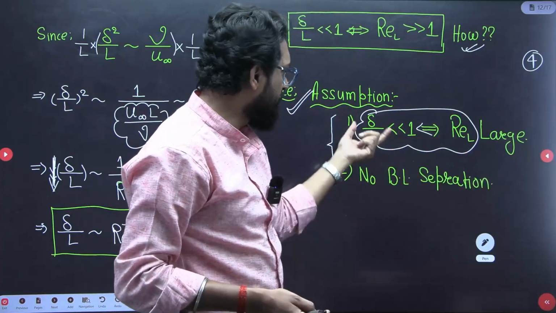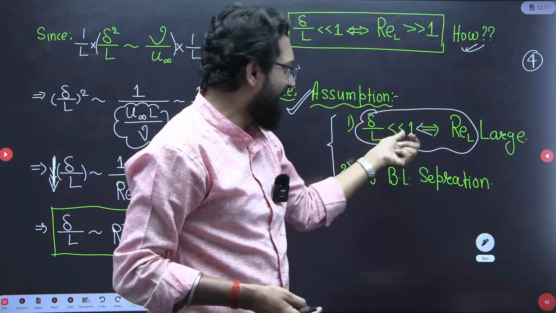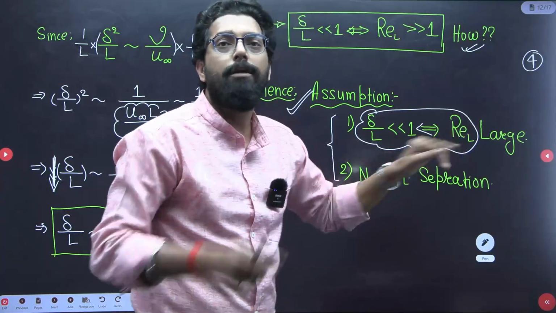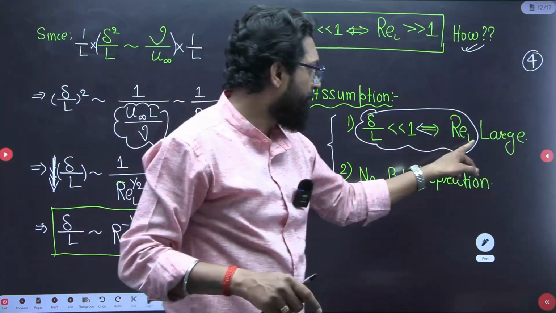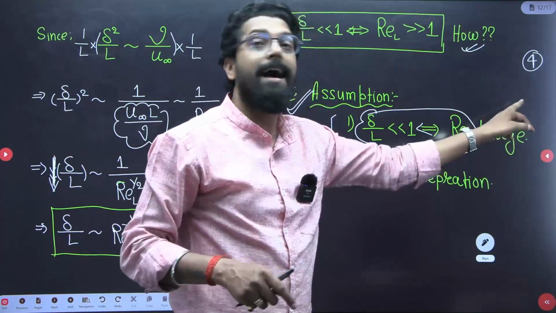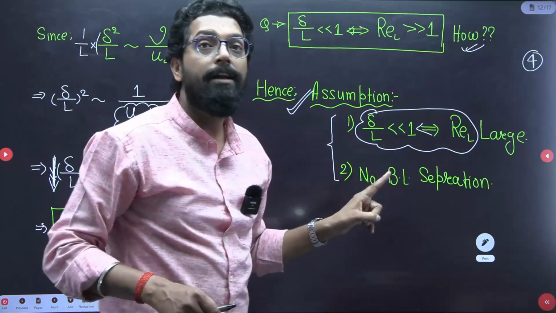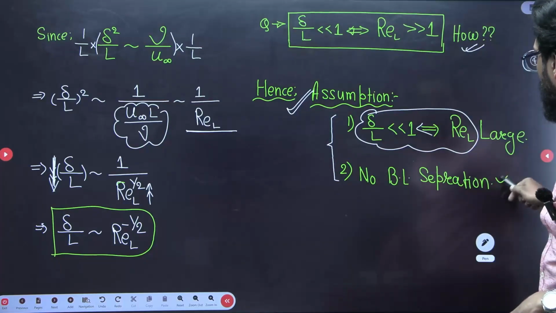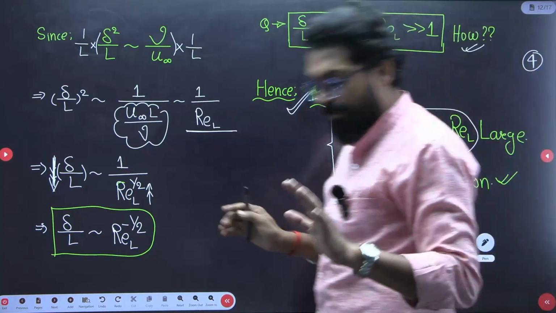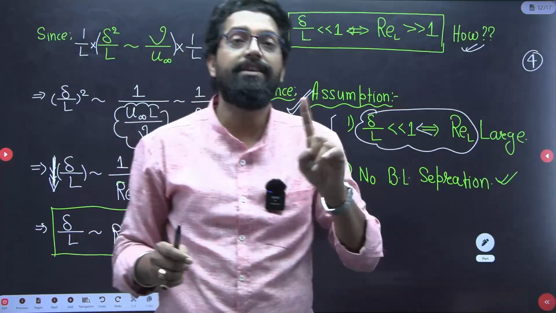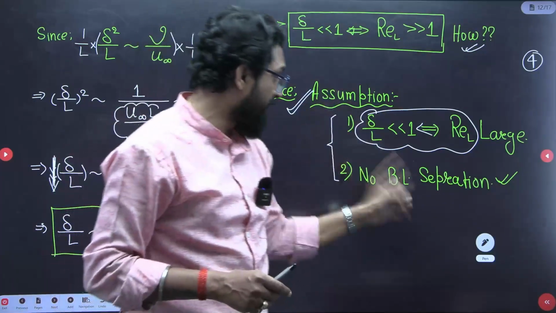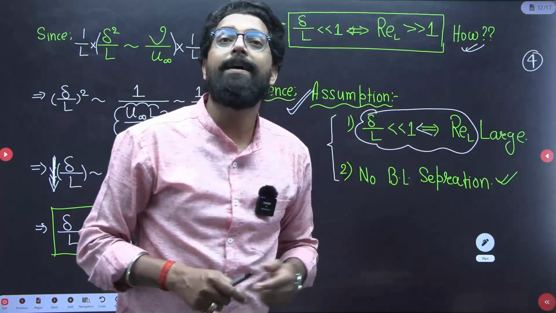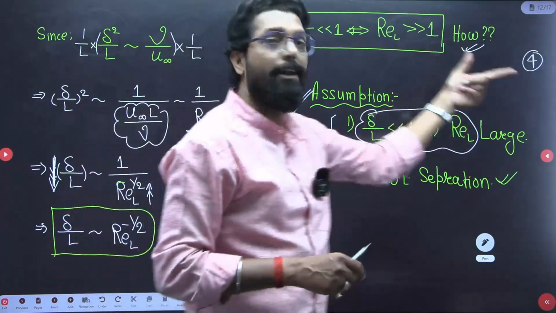The boundary layer theory says that delta by L is less than 1. Automatically, the average Reynolds number with respect to L, the characteristic length, is large. And there is a second thing: boundary layer theory doesn't exist with boundary layer separation. If there is boundary layer separation, there is no existence of a boundary layer. The boundary layer theory is valid only with no boundary layer separation, delta by L less than 1, and the Reynolds number higher and higher.